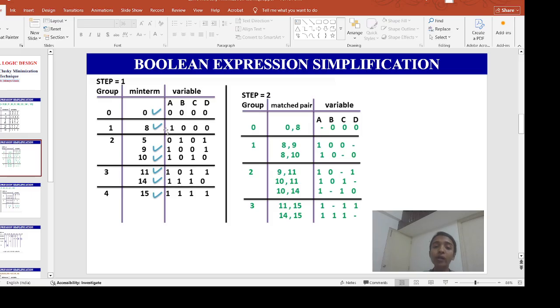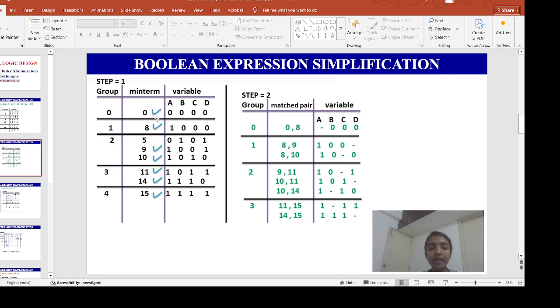If there is more than one mismatch, then we can't say that pair is a matched pair. So let's understand it. If we are comparing 0 and 8, you can see 0 0 is matching, 0 0 is matching, 0 0 is matching, but only variable a is not matched, which is allowed.